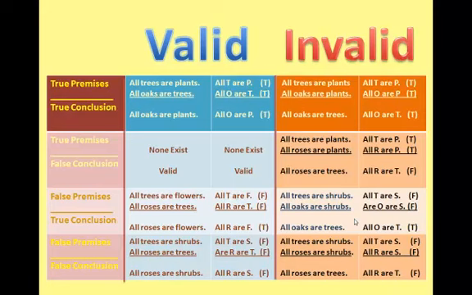There are two means to determine validity, and these are studied in later chapters. The first means is a visual means called Venn diagrams, where the two premises are diagrammed. The conclusion is then checked to see if it is contained visually in the premises. The second method is a method of rules, a quality control, if you will.